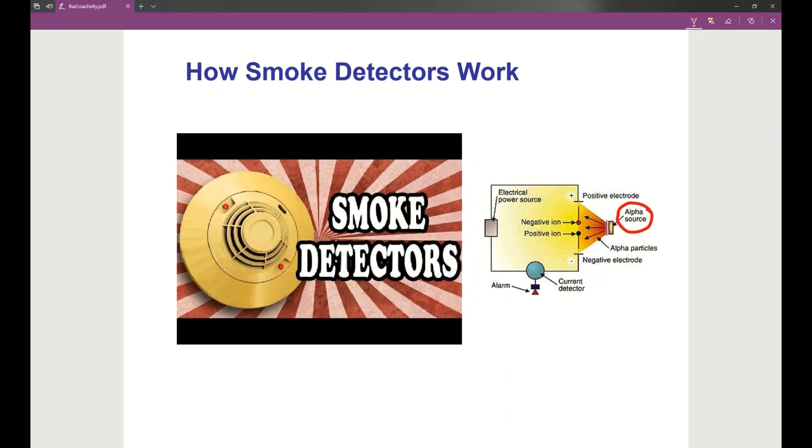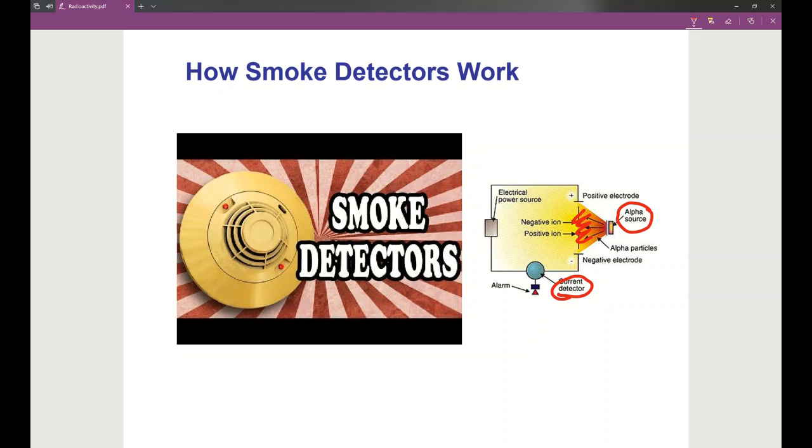Once smoke particles come in this gap, they absorb the alpha particles and they block this current. And the sudden drop in this current is measured by this current detector. And when they do that, they know that something is amiss and they'll sound the alarm.